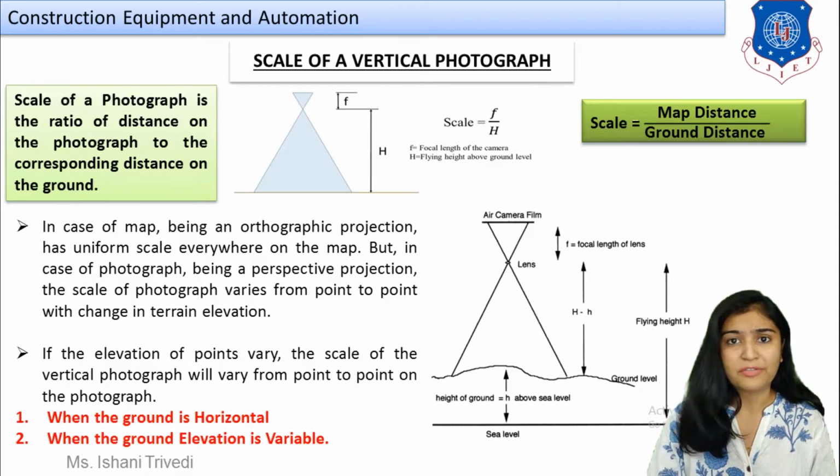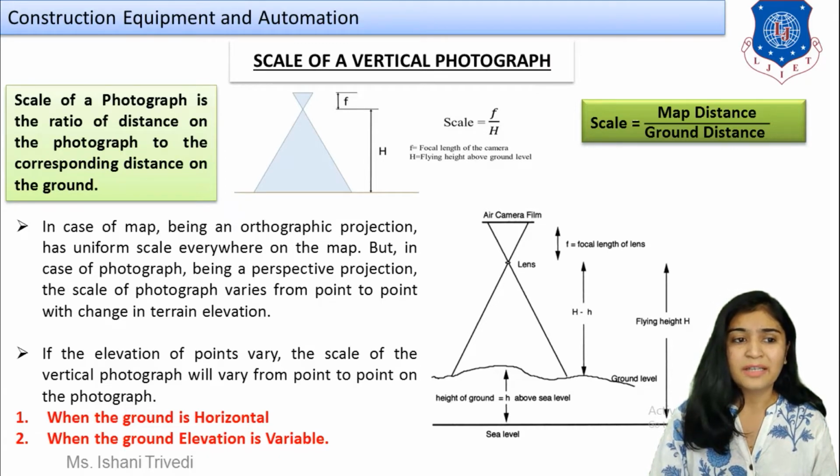So this is how we are going to talk about the scale of the vertical photograph, which we are supposed to find out in reference to the ground plane, in reference to the area where we are going to prepare the topographical map. So let us try to understand what the scale of the vertical photograph is. It is nothing but the ratio of the distance on the photograph to the corresponding distance on the ground.